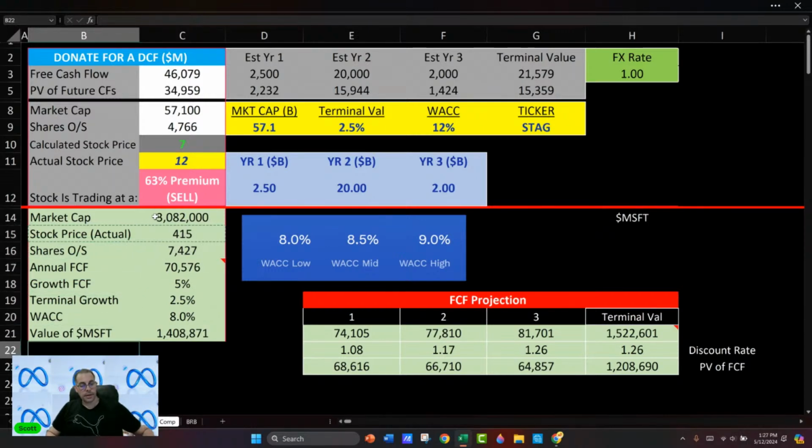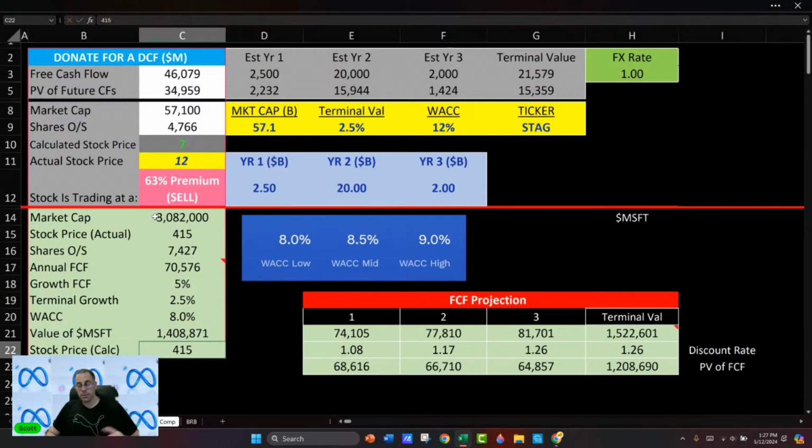But let's convert that to a share price. Our calculated stock price, which we can do now because it's just 1.4 trillion divided by the number of shares outstanding, which we already calculated from the beginning.